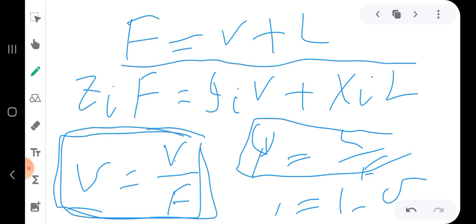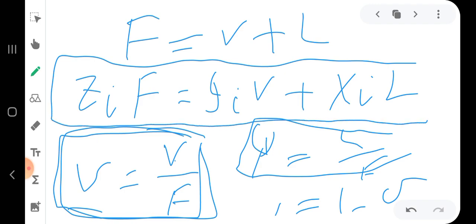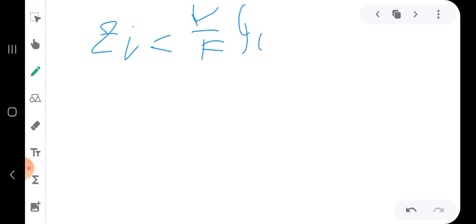So we have this equation. We can divide both sides by F. If you divide both sides by F, you will get that Zi is equal to V over F multiplied by Yi plus L over F multiplied by Xi.